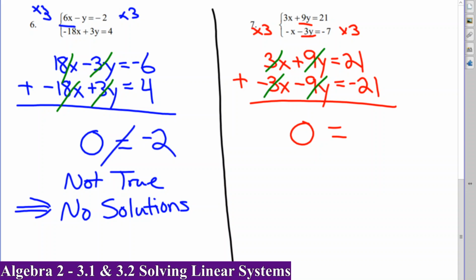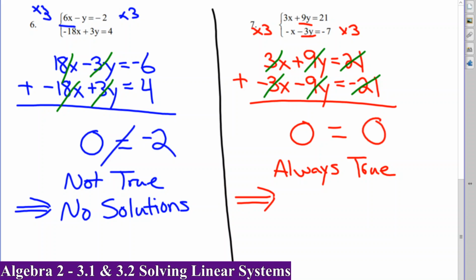But this time, 21 plus a negative 21 cancels out, and we're left with 0. And we know 0 is always going to equal 0. So this is always true, a true statement. Okay, 0 will always equal 0. So that is going to imply that we're going to have infinitely many solutions, or an infinite amount of solutions here, or all real numbers.